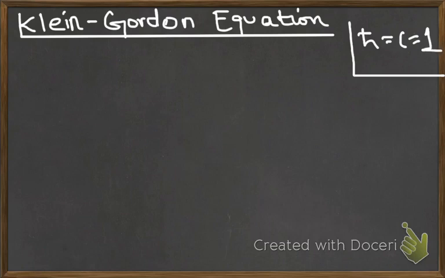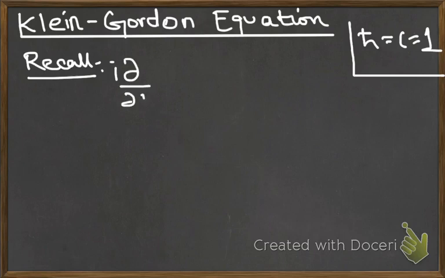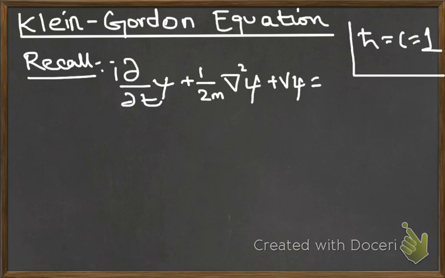Also, let's recall some of the things that we know. Our Schrödinger wave equation, again with h bar and c equal to 1, is written as i partial time derivative of psi plus 1 over 2m del squared psi plus V times psi is equal to 0.